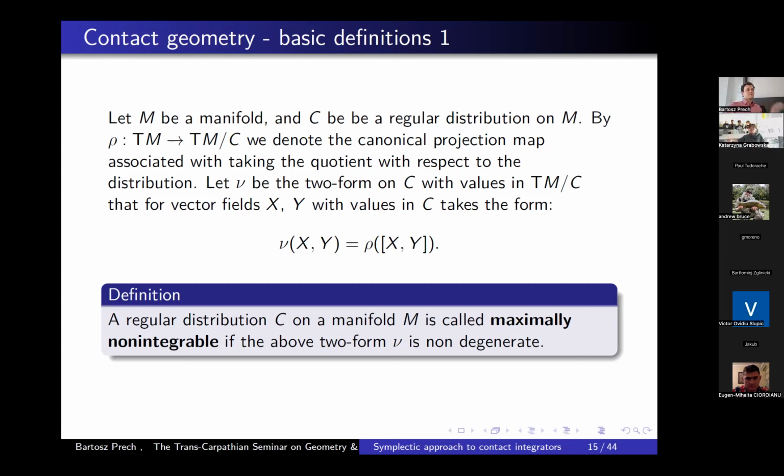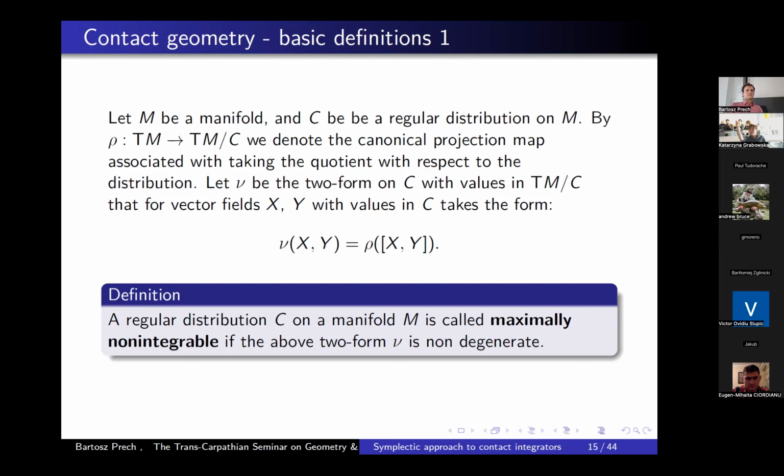The point is that if C is of odd dimension, because this is a skew-symmetric form, it can never be non-degenerate.